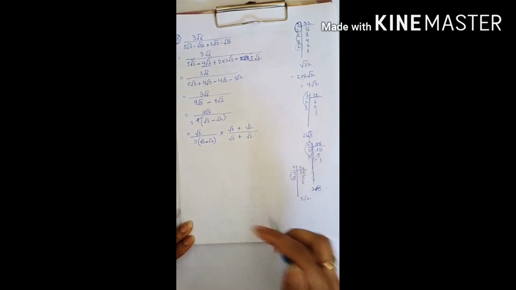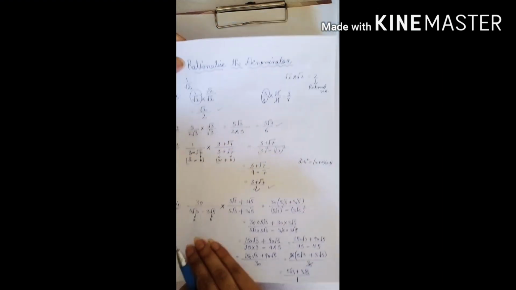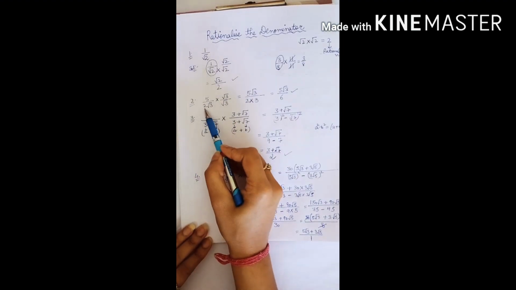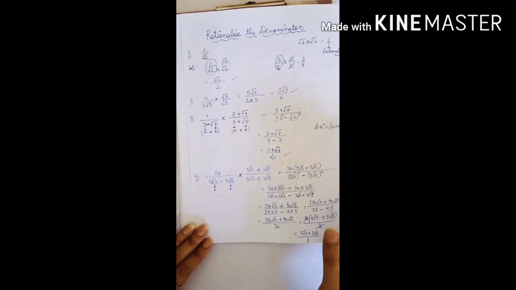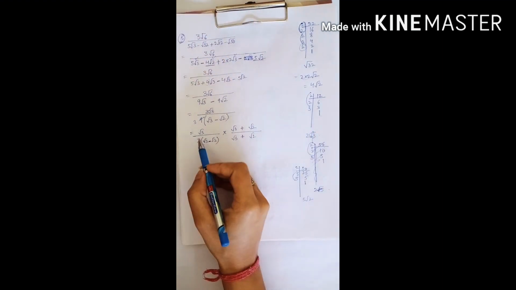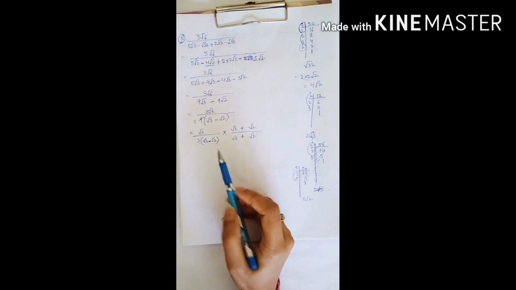Now what you will think is why I am not multiplying it by 3? If any number is getting multiplied, then we do not write that number. Here see, 2 is multiplying over here, we didn't write it here, 2 and 2. Okay, so we can skip a number which is multiplying and which is a natural number or rational number, because here we are dealing with irrational numbers.